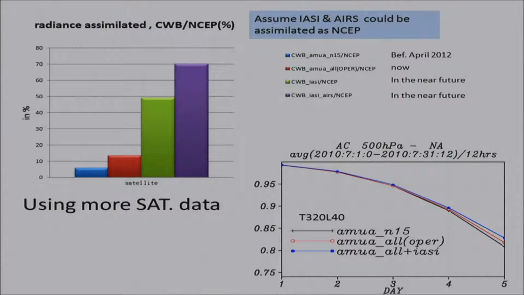At that time, we will be at about 70% of NCEP. This is the result. If we use IASI data, we can get a higher score of 500 millibar anomaly correlation.